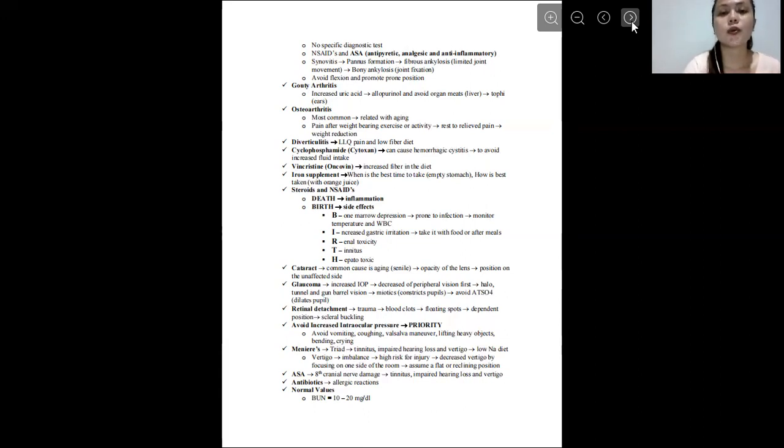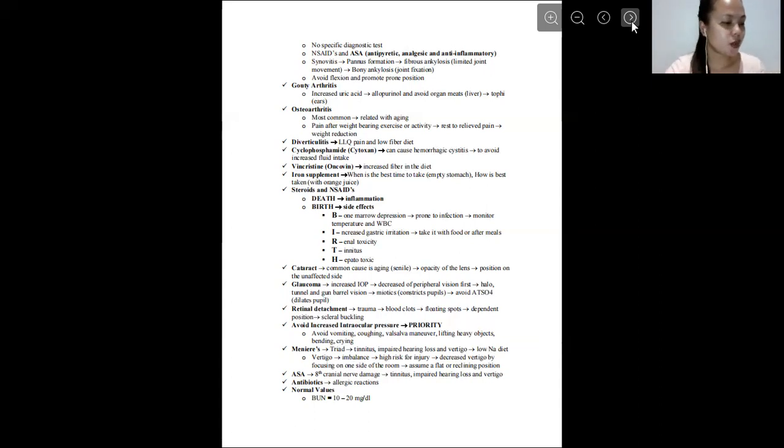It is needed to rest to relieve the pain, and weight reduction, because if they are too heavy, their bones trigger the osteoarthritis and cause painful joints. So weight reduction.